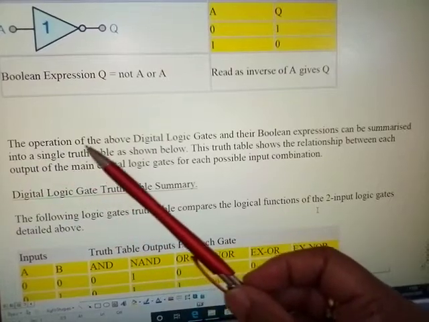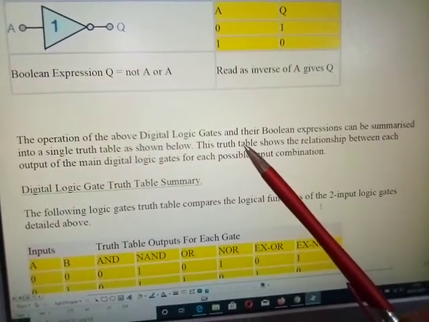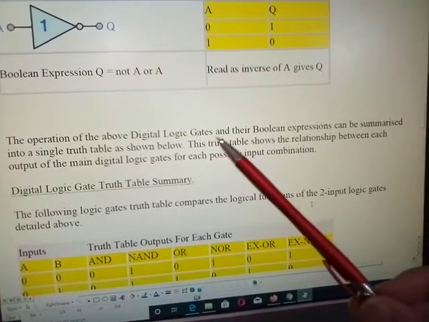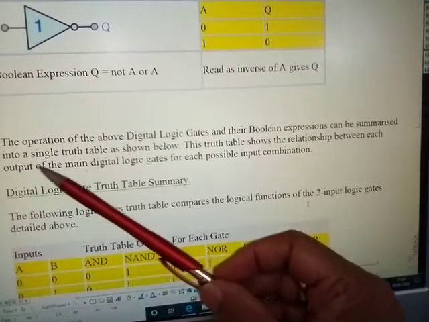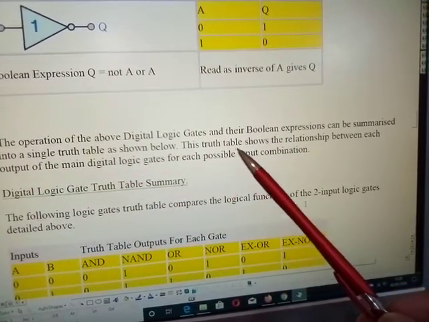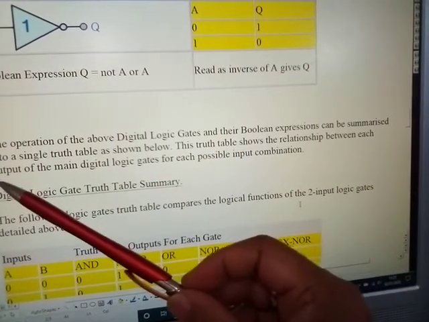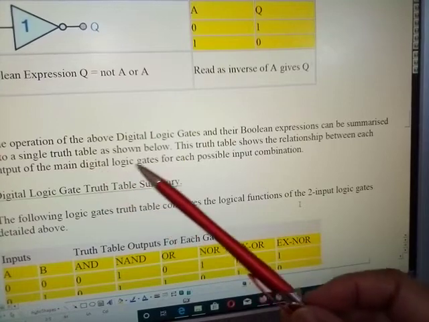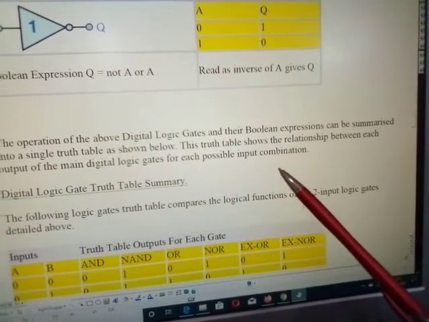The operation of the above digital logic gates and the Boolean expressions can be summarized into a single truth table as shown below. Let me just go back, make sure I can get it all in. This truth table shows the relationship between each output of the main digital logic gates for each possible input combination.